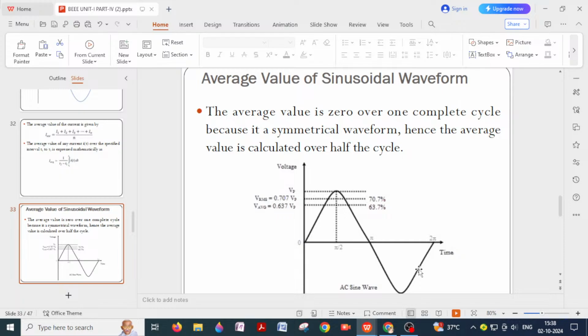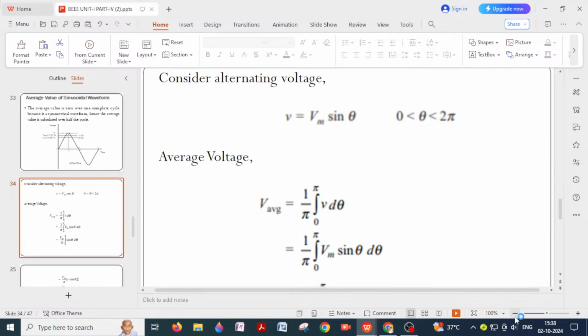Let us assume the sine wave alternating voltage is given by V equal to Vm sin theta.